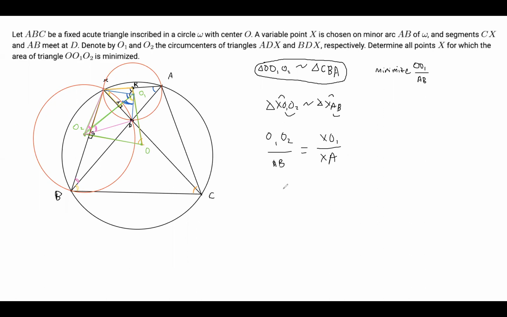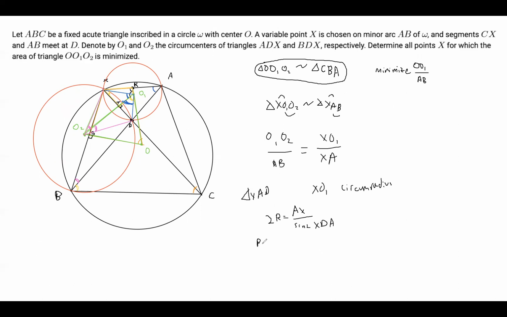But if we take a look at triangle XAD, we have XO1 is the circumradius. XO1 is the circumradius. And we know that by the extended law of sines, 2R equals AX over the sine of the opposite angle, sine of XDA, right?